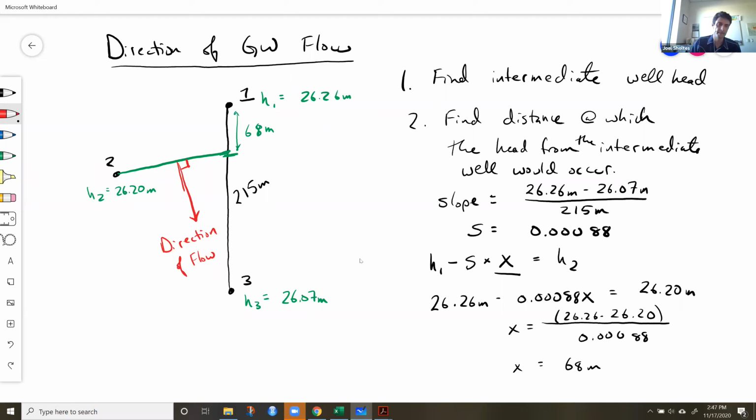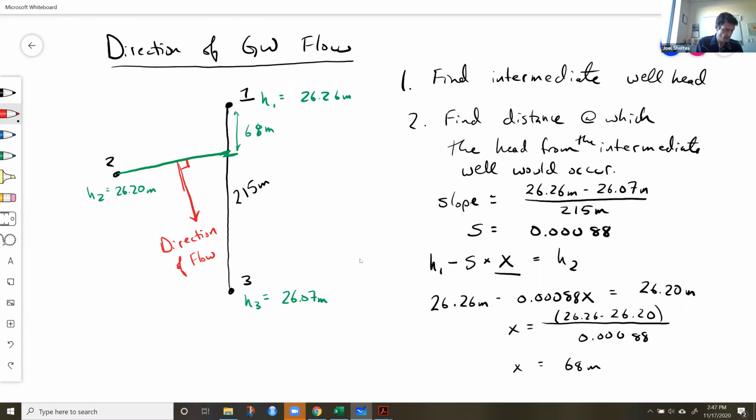All right, good job. If we wanted to calculate the hydraulic gradients, we would simply find the slope between this contour and a given observation. Or we could really just do it from any one of these wells as well.